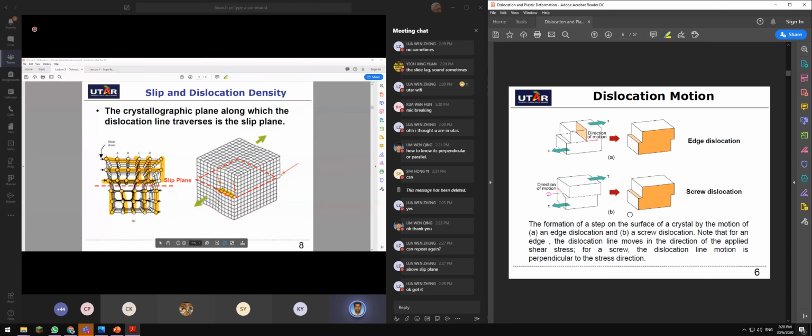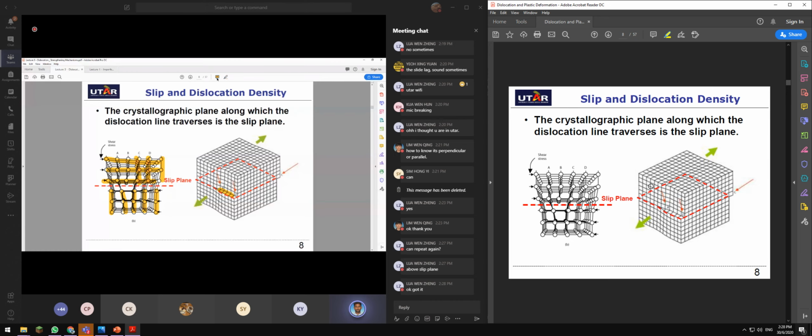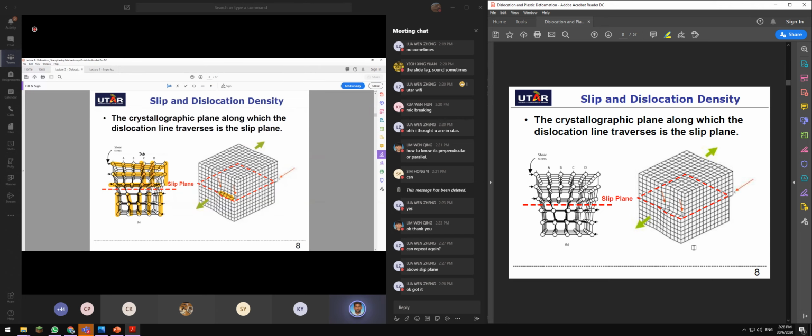Okay, above the slip plane is compressive force. Compressing. I'll write it down. Compressive.